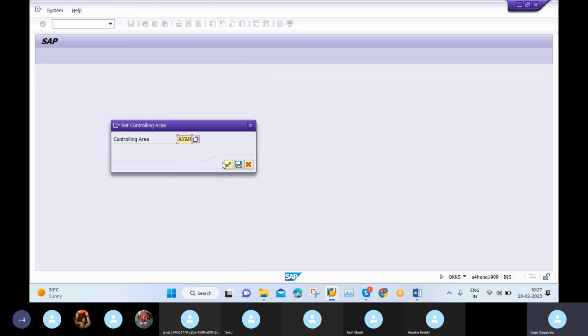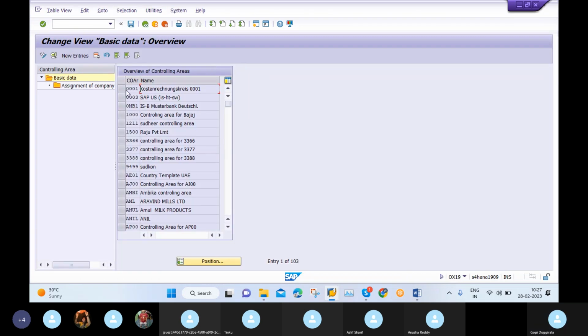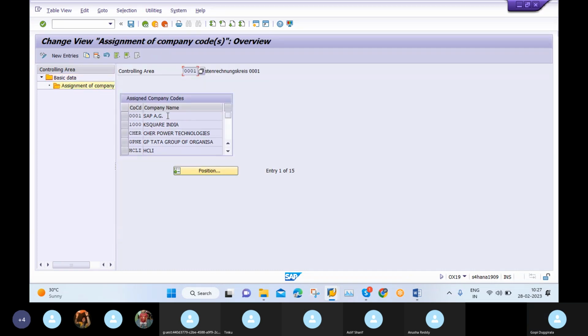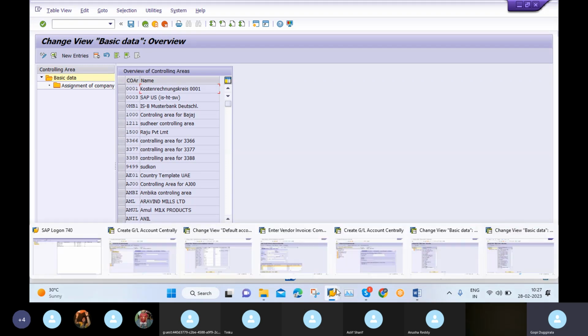My controlling area is OX19. What is this T-code? So especially in ECC, earlier we integrated with the help of OKKP.